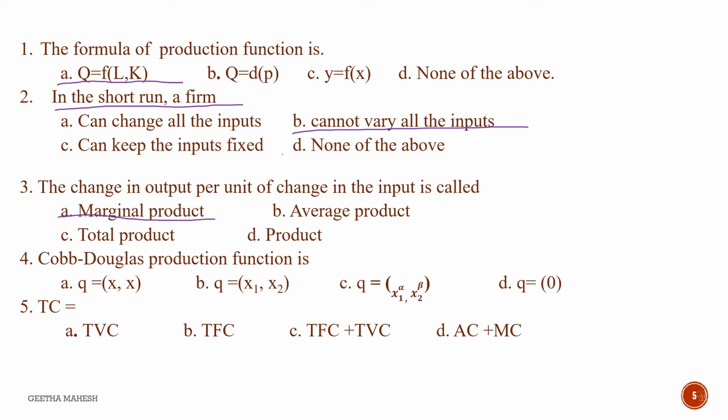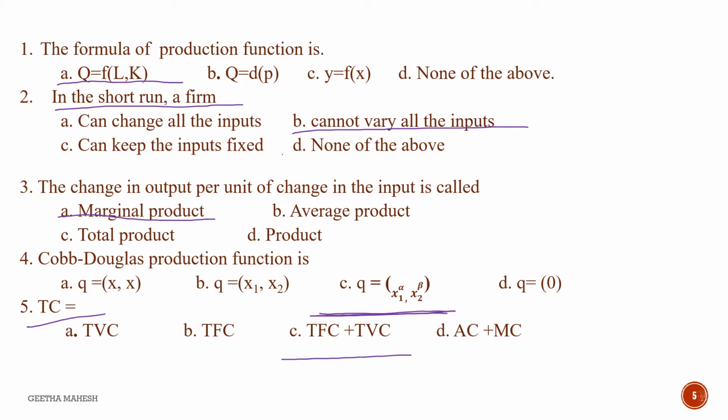Cobb-Douglas production function is Q equals X, Q equals X1 X2, Q equals X1 alpha X2 beta, Q equals 0. That is option C, Q equals X1 alpha X2 beta. Total cost equals total variable cost, total fixed cost, total variable cost plus total fixed cost, AC plus MC.